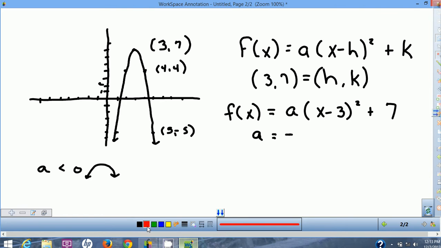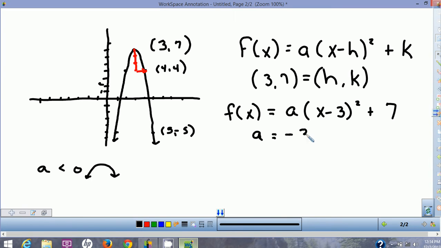So how do we go about figuring out what that value is? Well, here's probably the easiest way to do that. We know this point right here, and we know that it is (4, 4), and it's coming from this vertex. So let's talk about where did I go from the vertex to get to that point? Well, I came down 3 and over 1 to get to that next point, which means that the value of a is going to be 3 times the value of a normal function.